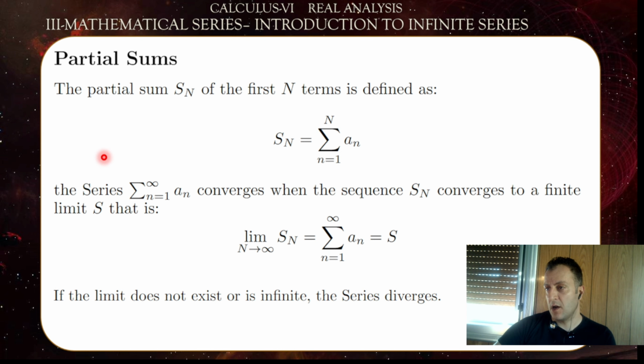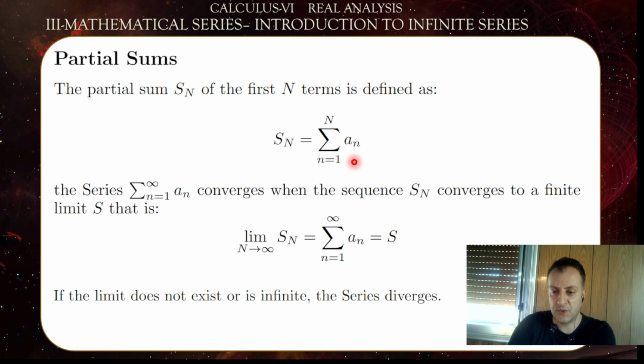By the way, mind you that we are still in the introductory part of infinite series. Partial sums. The partial sum Sn of the first n terms is defined by Sn equals sigma from n equal 1 to n, because it is a partial sum, meaning that we're not adding the terms all the way to infinity.